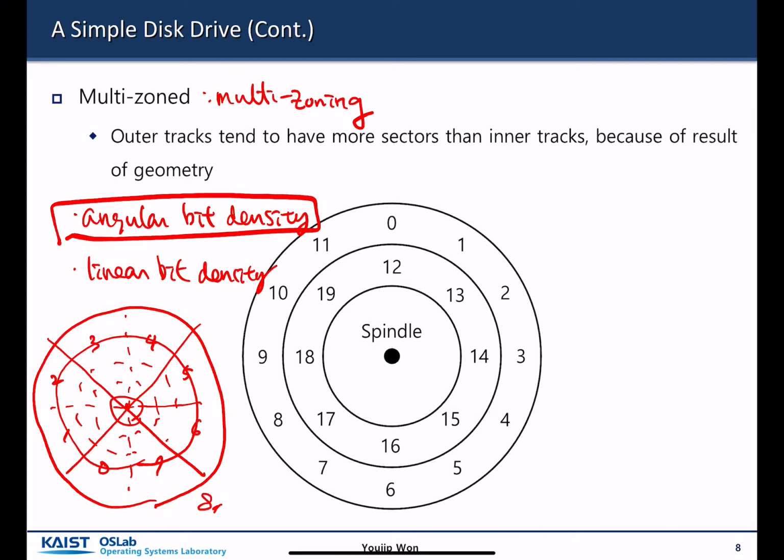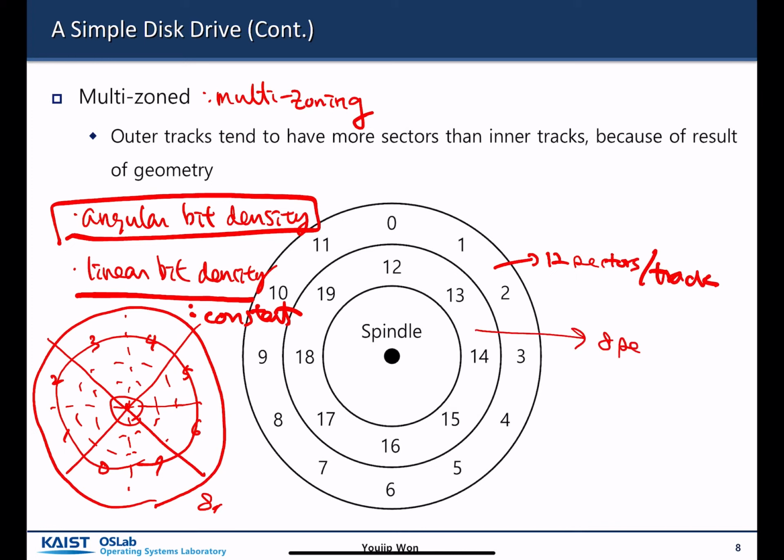So in most recent hard disk drives, the outer track tends to have more sectors than the inner track, to make the linear bit density almost constant. So in this example, the outer track has 12 sectors. However, the inner track has 8 sectors.